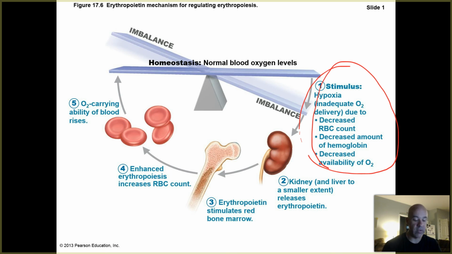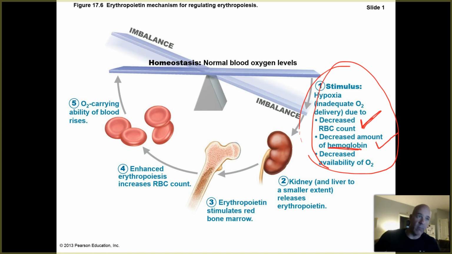That can be due to decreased RBCs, or it could be due to a decreased amount of hemoglobin. For example, let's say in your diet you're not getting enough amino acids. If you don't take in enough amino acids, you can't build proteins properly, and hemoglobin is primarily composed of proteins.